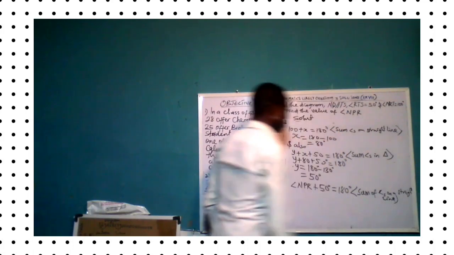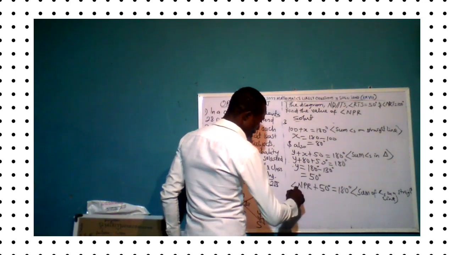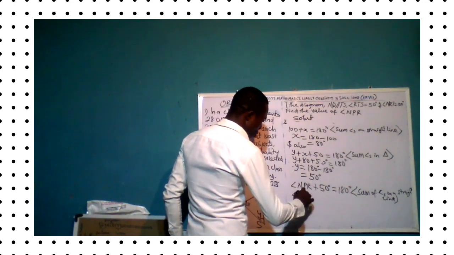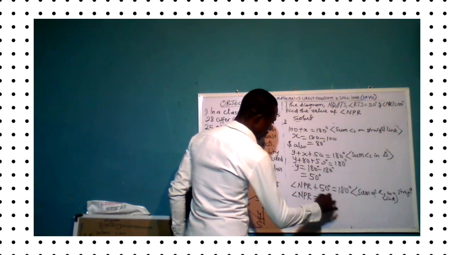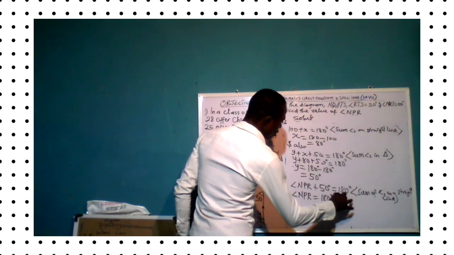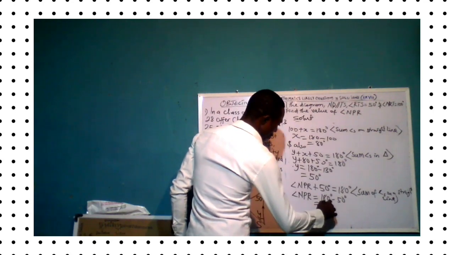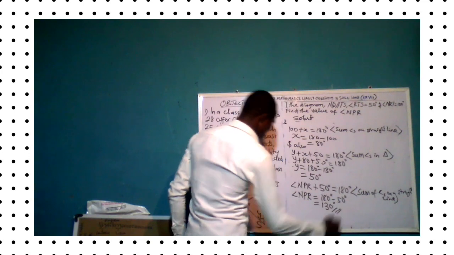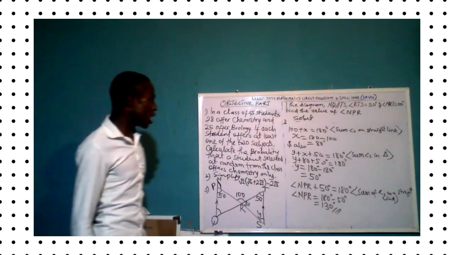If you make this the subject of the formula, you have angle NPR at P equal to 180 degrees minus 50 degrees, which is 130 degrees. So that's the final answer, the value of angle enclosed by NPR at P.